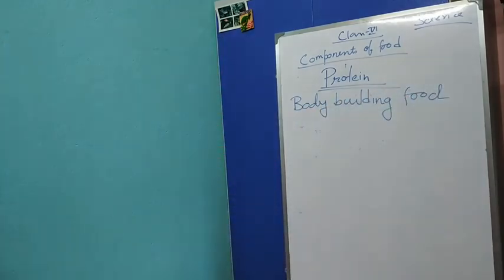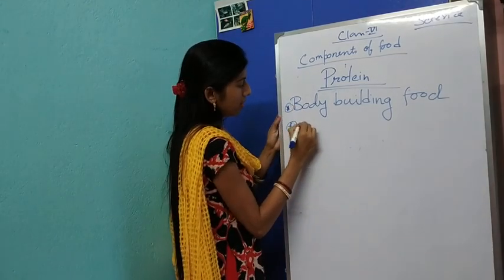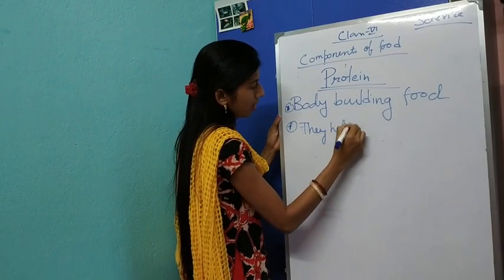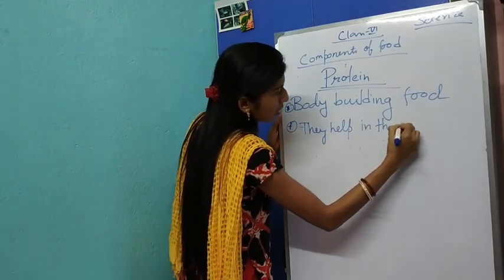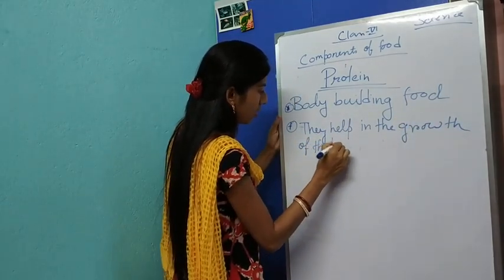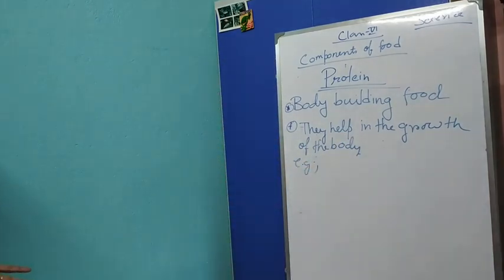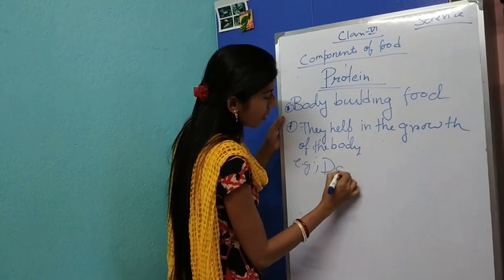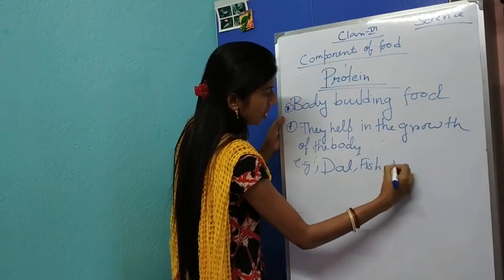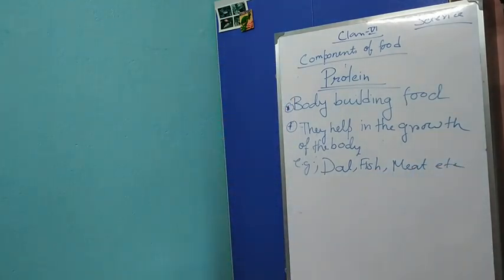The second point is they help in the growth of the body. So examples are dal, fish, meat, chicken, etc. These are some examples of proteins, which are called body building foods.